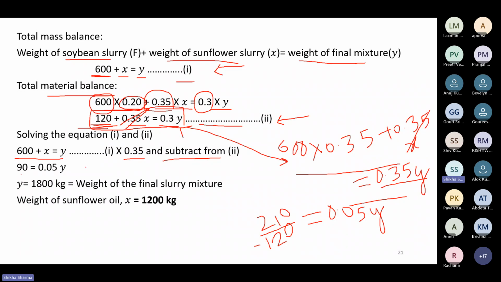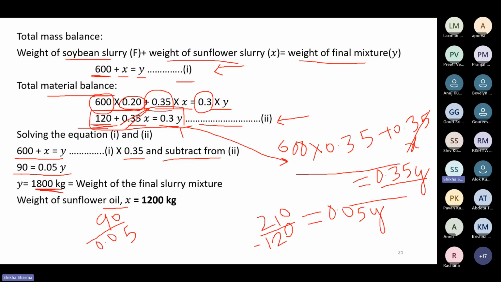So what will be the solution? 210 minus 120 is equals to 90, equals to 0.05y. So y is equals to 90 by 0.05, which is 1800 kg. So this is the weight of the final slurry.